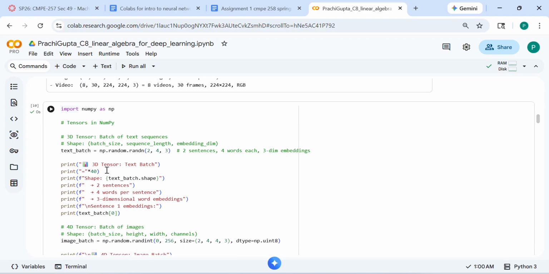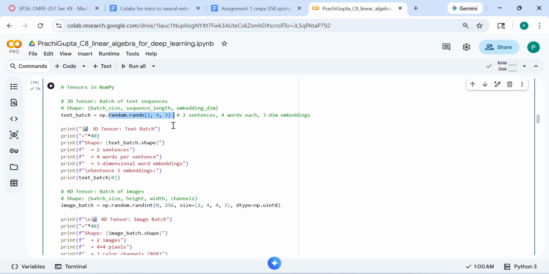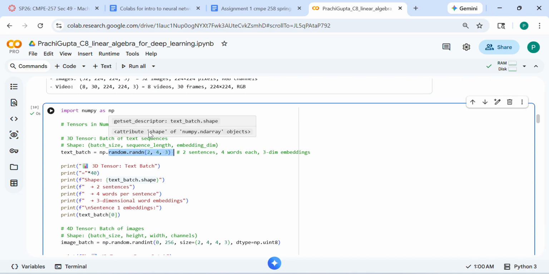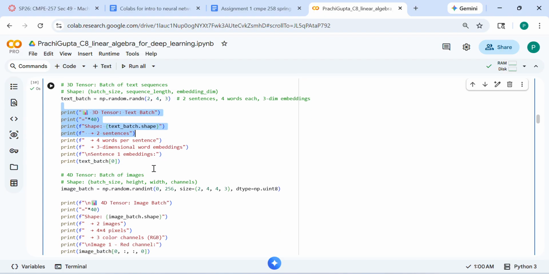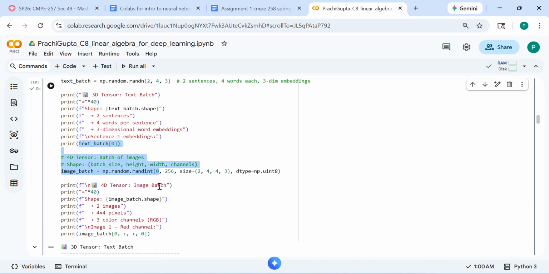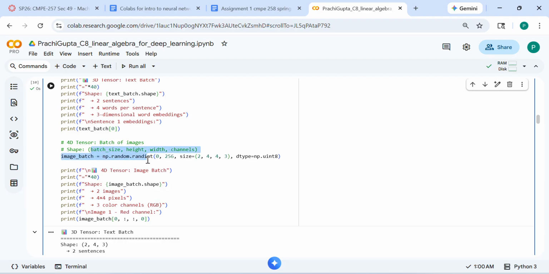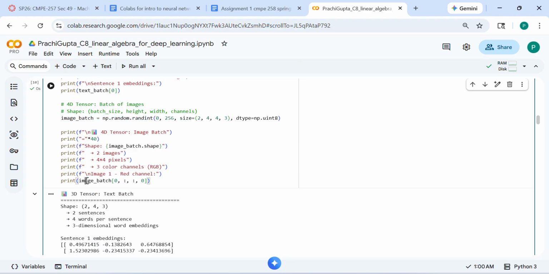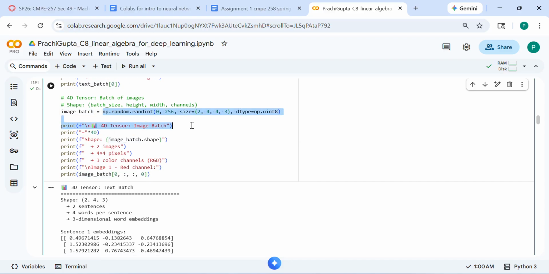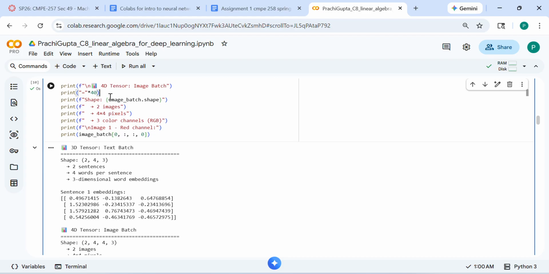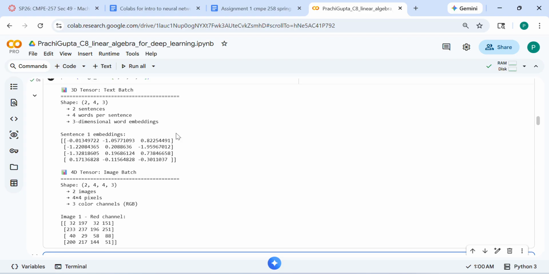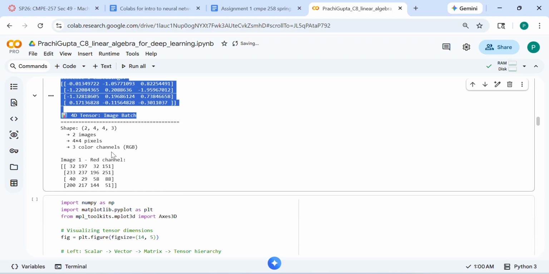So here in the code we have this random tensor numpy array we have created, and then we are printing the shape, and then we again have one numpy random integer image array, and then we will print the shape and the details. So this is the random one we have created.